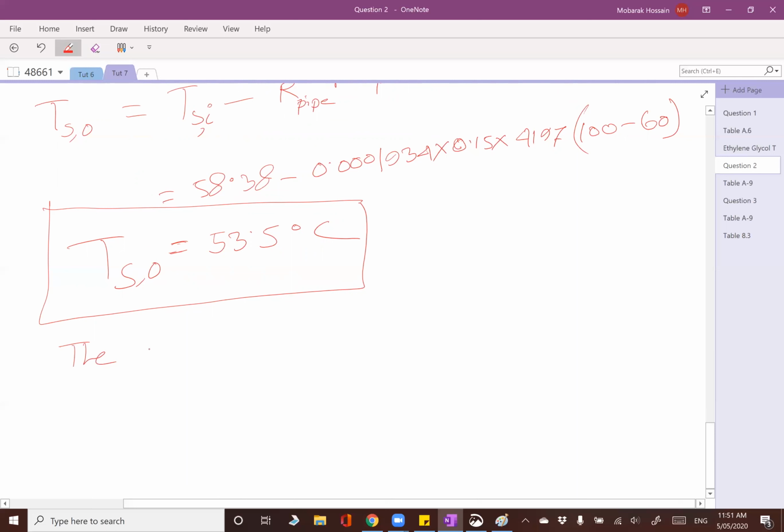So the pipe outer surface temperature is 8.5 degrees Celsius higher than the safe temperature.